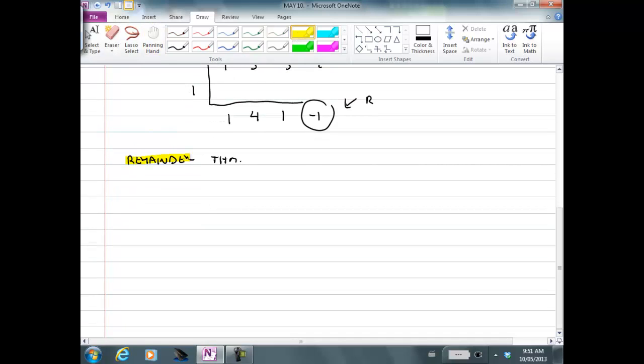Now the remainder theorem is this. It's a method that is only used to find the remainder. You can't use it to do anything else but to find the remainder. And what it states is this. The remainder theorem states this.